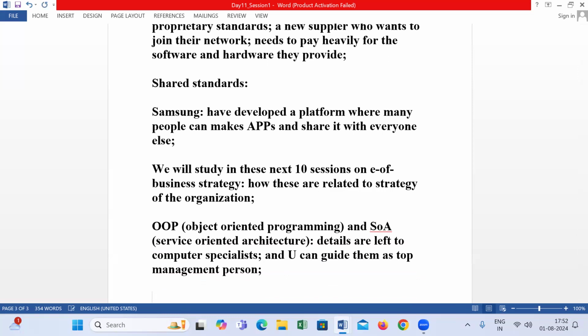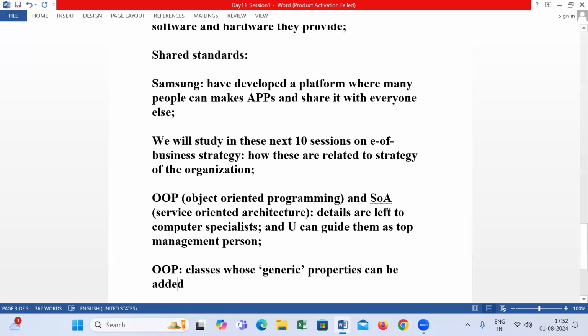In OOP, you have classes whose generic properties can be added or modified very easily.